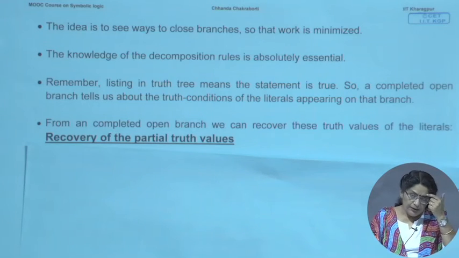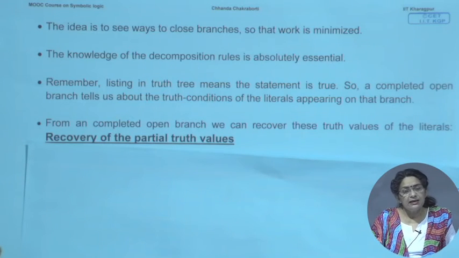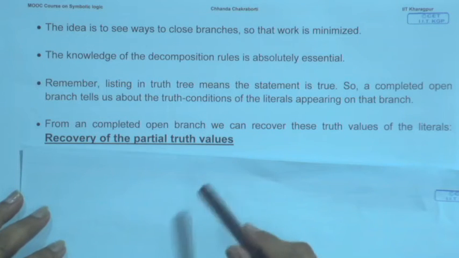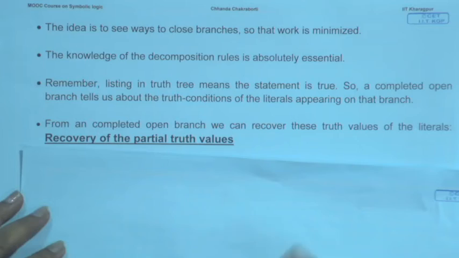Now, remember that I have said that listing in the truth tree means that the statement is true, right. So, whenever you have a completed open branch, I mentioned this earlier, it is telling you something, namely about the truth conditions of all the literals appearing in that branch, because listing means that the statement is true.